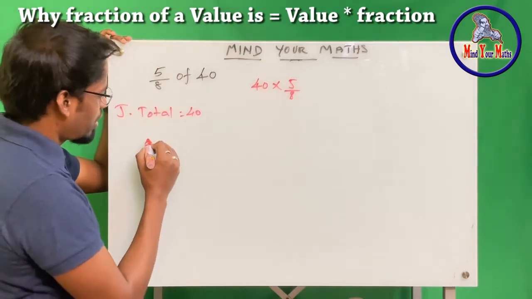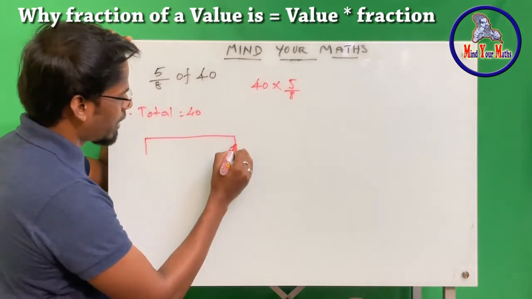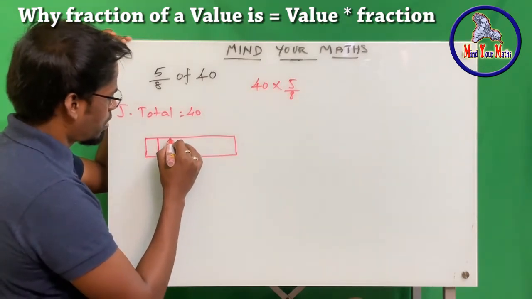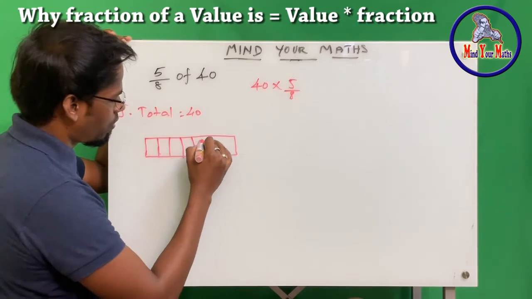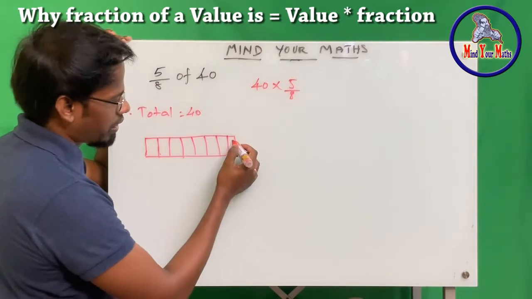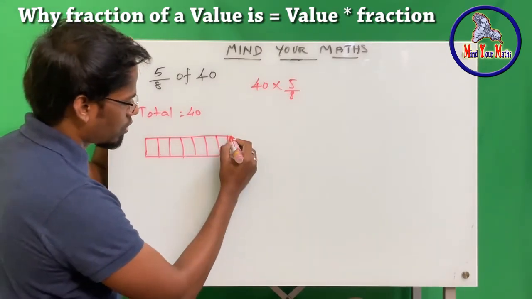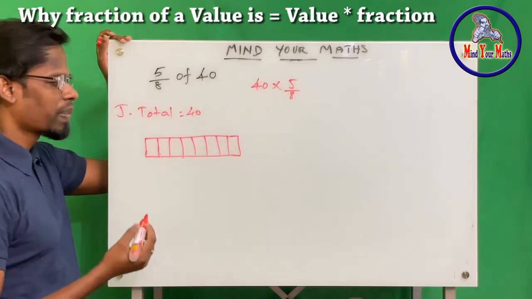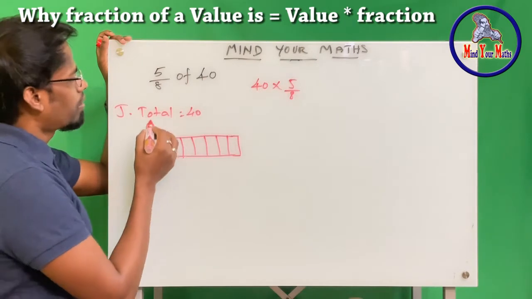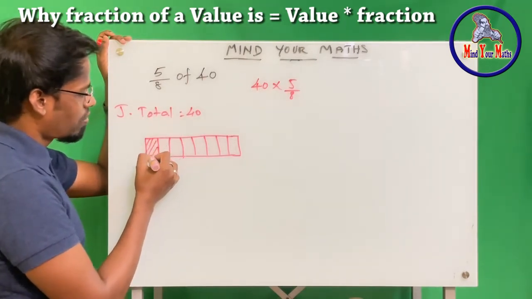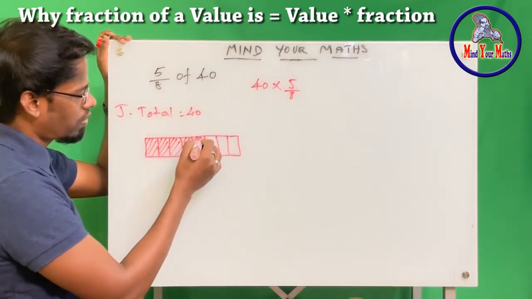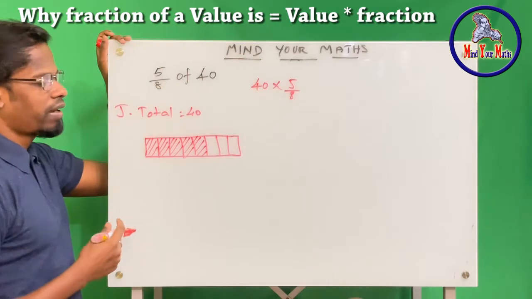So first the 40 was split into 8 units: 1, 2, 3, 4, 5, 6, 7 and 8. In these 8, how much did he give to his brother? 5. Let's shade the 5: 1, 2, 3, 4, 5.